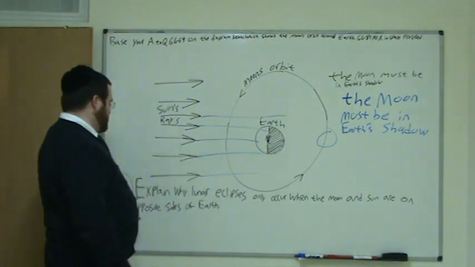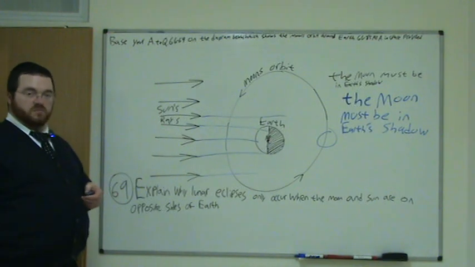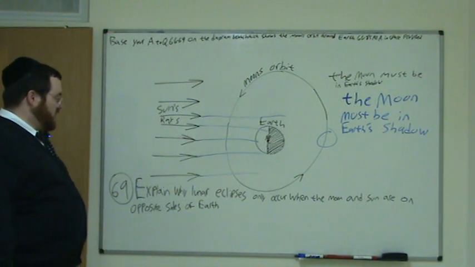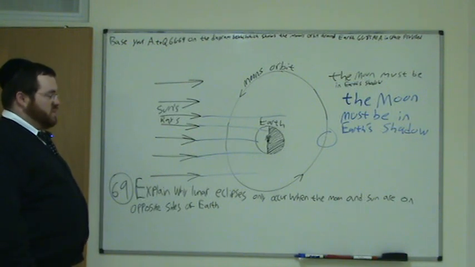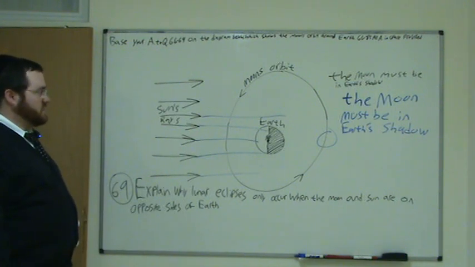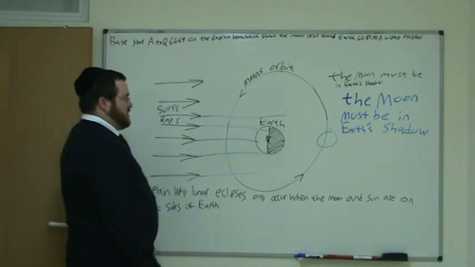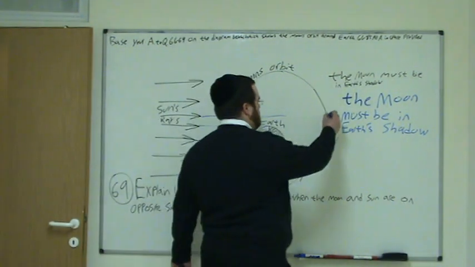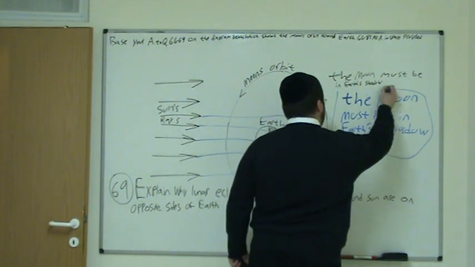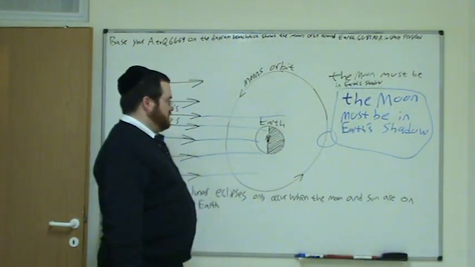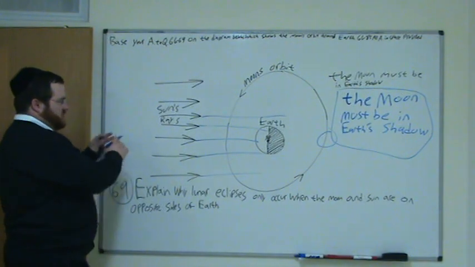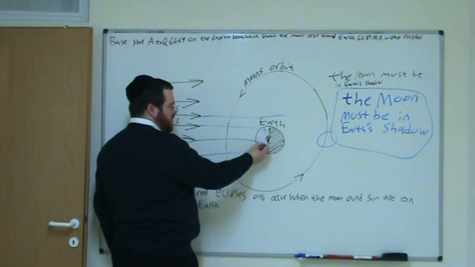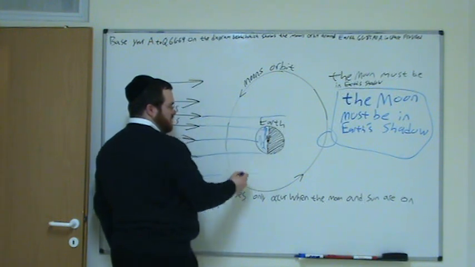So the question is, question 69. Explain why lunar eclipses only occur when the moon and sun are on opposite sides of the Earth. The answer is because the moon must be in the Earth's shadow. That's your answer. The moon must be in Earth's shadow. So here's the sun's rays going in this direction. Let's say the blue part of the Earth is where it's sunny.